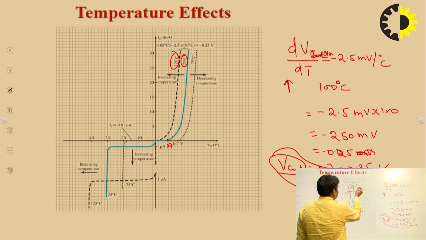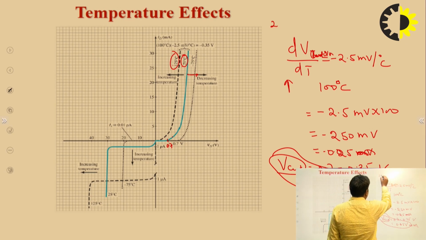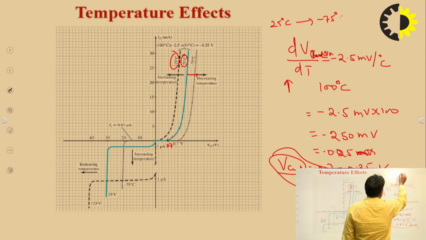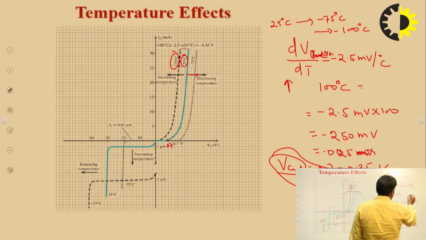In the other case, if we decrease the temperature by 100 degrees centigrade, the initial temperature is 25 degrees centigrade and we decrease it to minus 75 degrees centigrade. So we decrease the temperature by minus 100 degrees centigrade, that means minus minus plus, so this is plus 0.25.